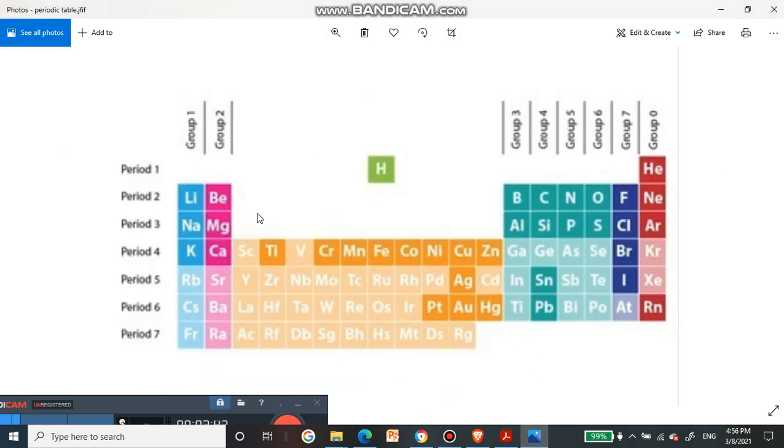From hydrogen, the first one, to argon. Hydrogen is in the first period, followed by the second period ending with neon, and the third period ending with argon. So here we have 3 inert gases.